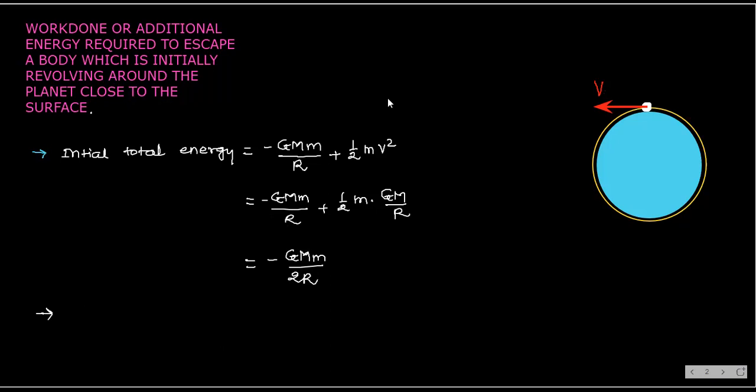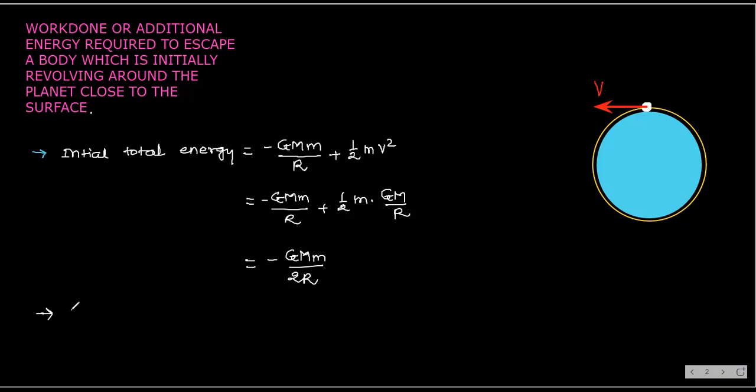Now what he is saying: energy required to escape a body which is initially revolving around the planet close to the surface. Now, what final total energy will you get?